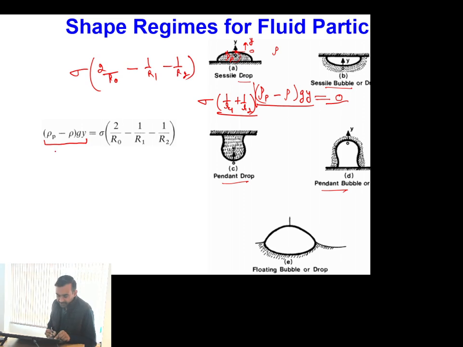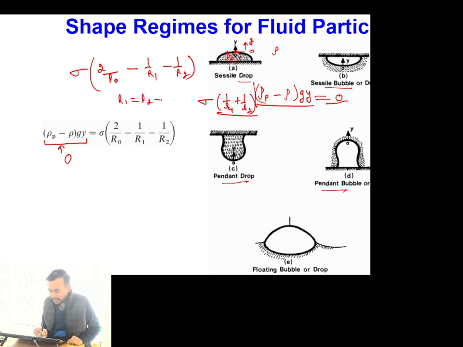Now if you see in this equation, at this point what is the value of y? 0. So when y is equal to 0, this whole left hand side term is equal to 0, and at point O, R1 is equal to R2 is equal to R0. So once I substitute this, my right hand side also becomes equal to 0.